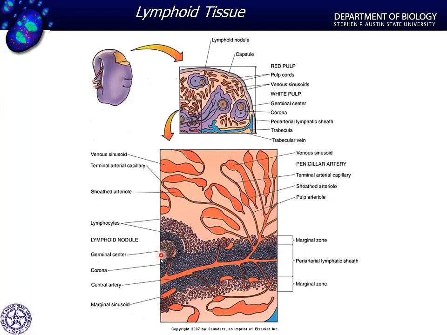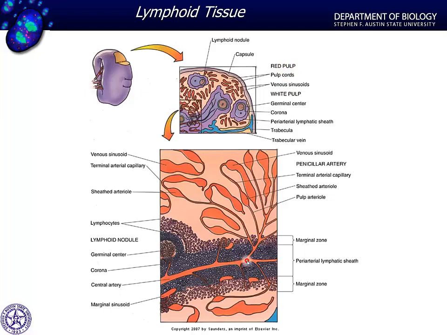You can see the germinal center, and you can see the mantle or the corona around that. But following the central artery is our periarterial lymphatic sheath, and we see a little bit lesser density of cells in this marginal zone before we get out into the red pulp itself. Here you can see the distinction between the white pulp here and the red pulp here.